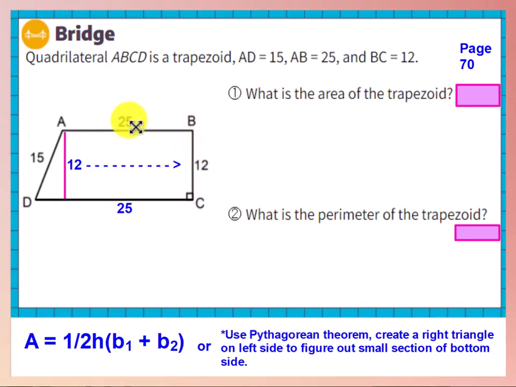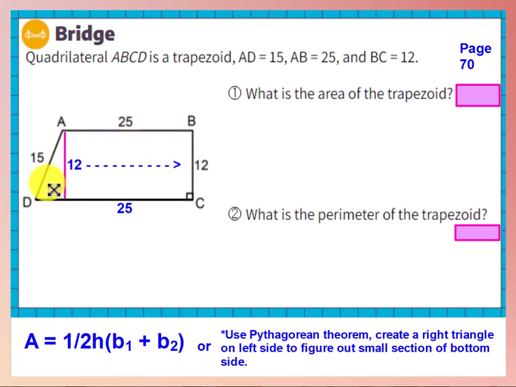Also, the top base, the 25 AB, we can bring that down to the bottom. It's not going to be the base of the trapezoid, but it's going to be the bottom of that rectangle. Opposite sides are congruent, opposite sides are parallel, and we have 90-degree angles in a rectangle. So simply multiply 25 times 12 to get the area of that rectangle.